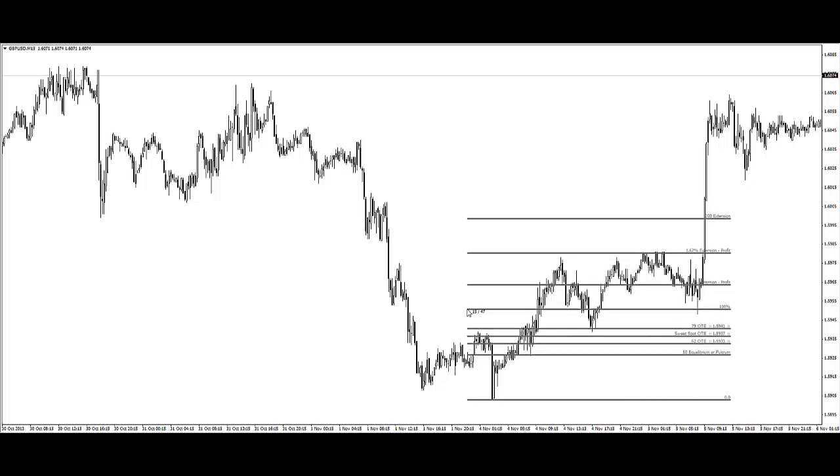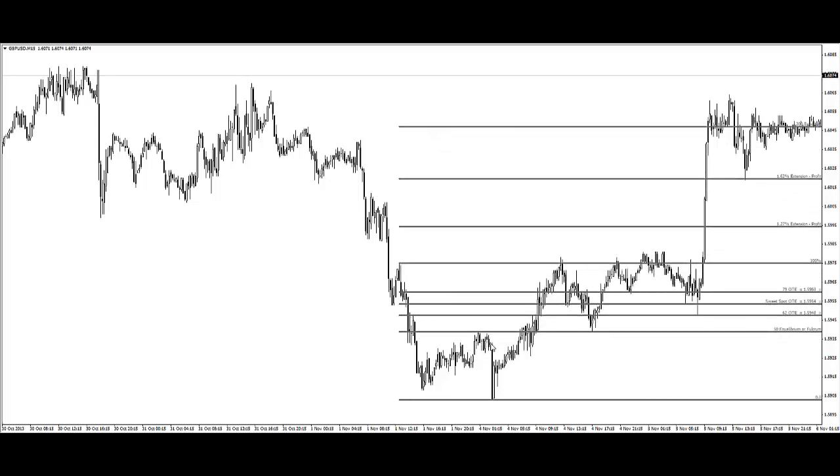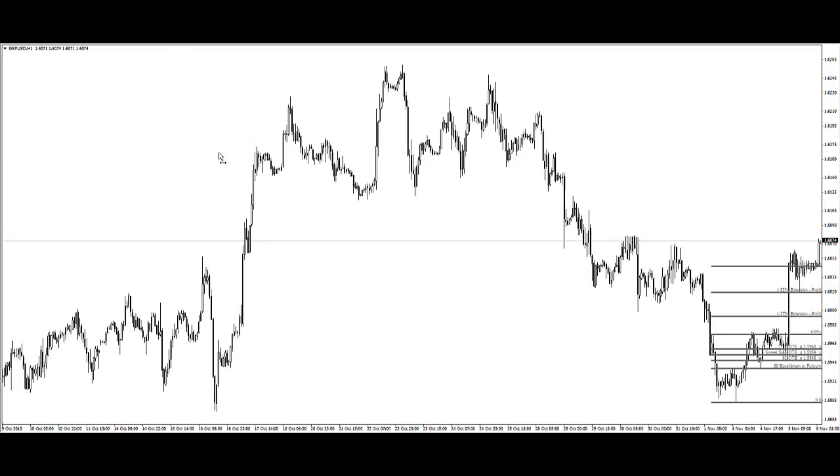And this is how you trade within a market's structure. So once this high is violated right here, we would be looking for upside objectives. 127 easily reached, 162 easily reached, 200 level easily reached. Okay, let's go out to an hourly chart, same pair.